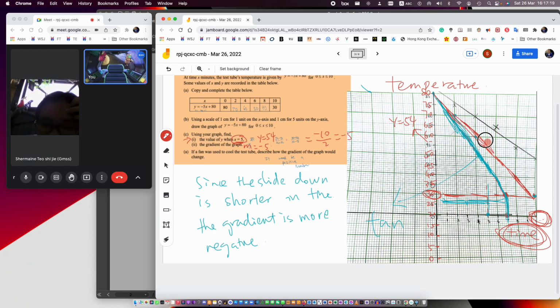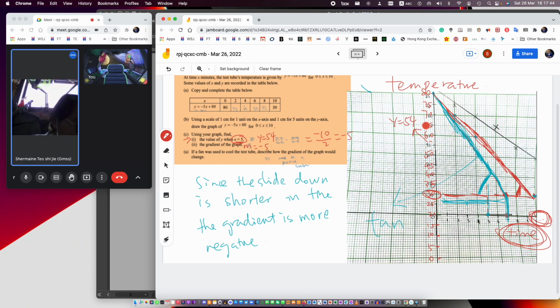Dramatic means which angle is bigger? The red one or the blue one? Compare. Do you have a projector with you?